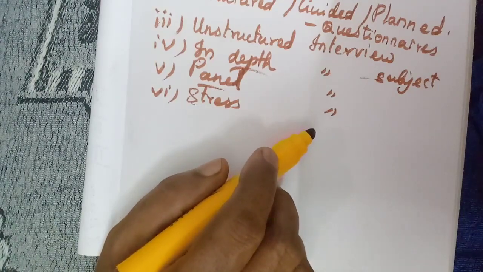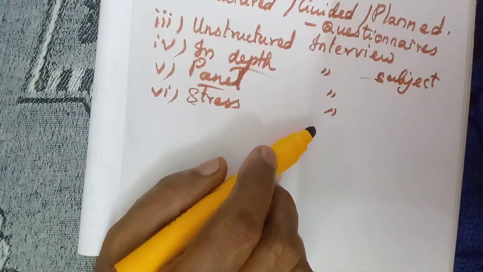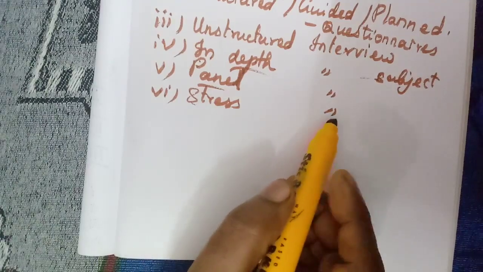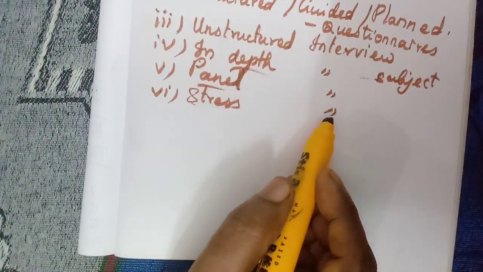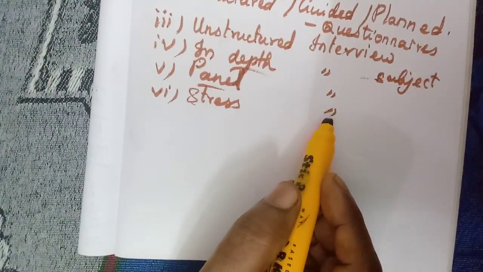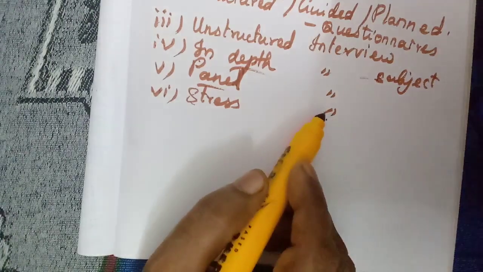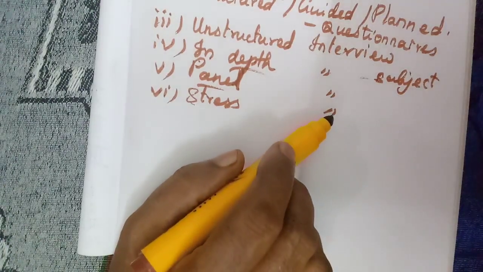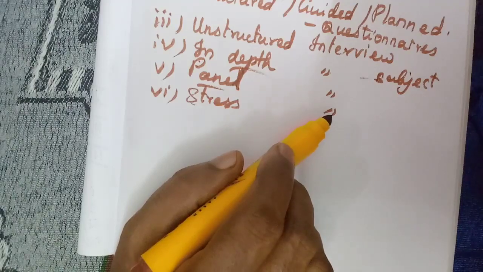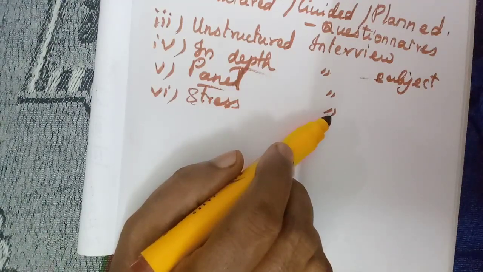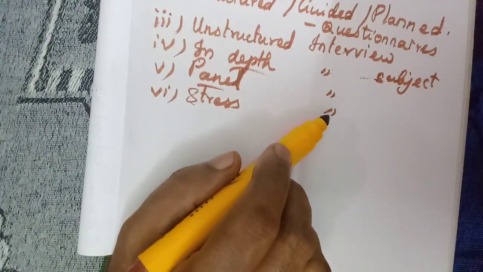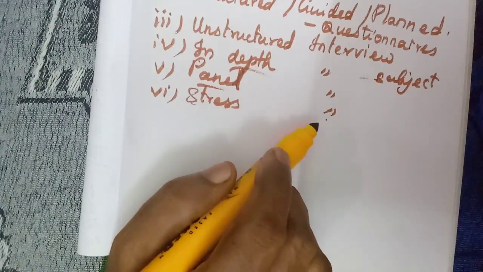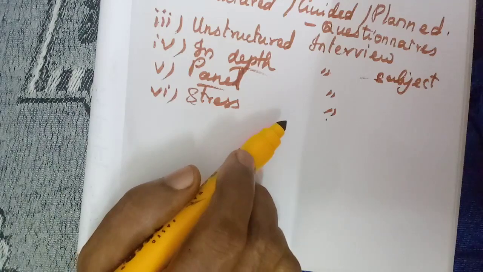They will create one stressful situation, to see whether he is able to answer, or he is irritated, or he gets angry, or he is not ready to answer in that situation, or he is very calm and quiet to answer. For this purpose they are conducting this stress interview.